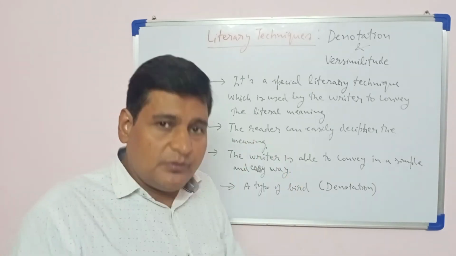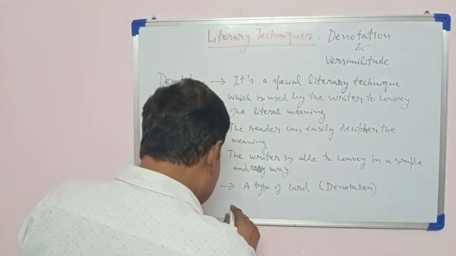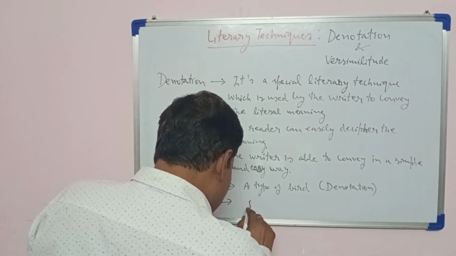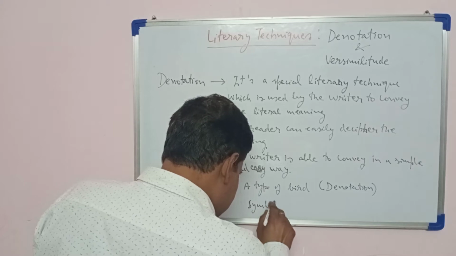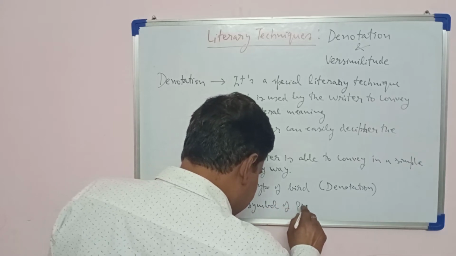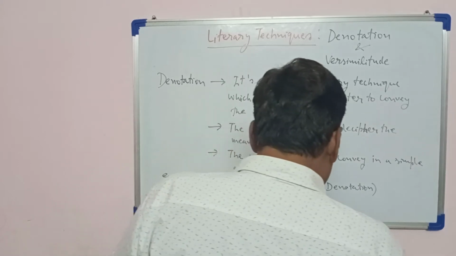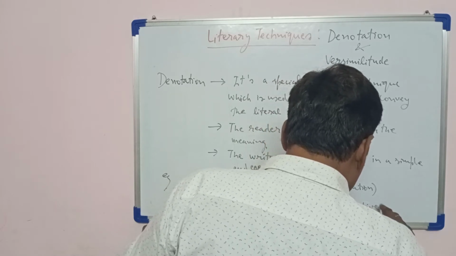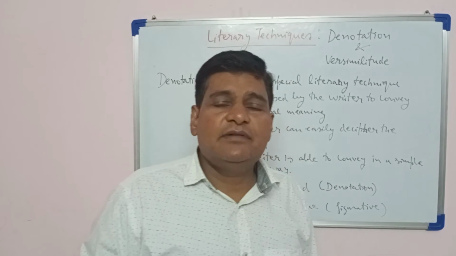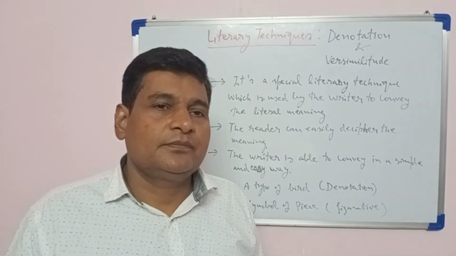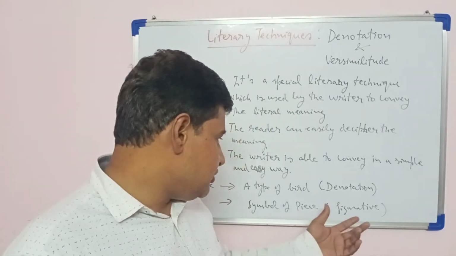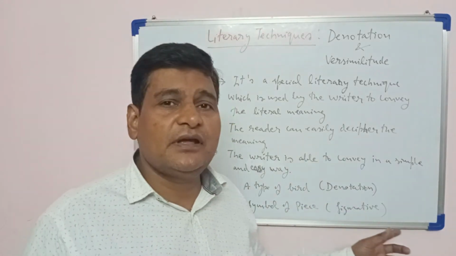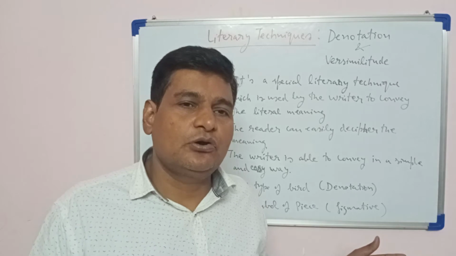And when figurative meaning is used, then it will become a symbol of peace. This is called figurative meaning, that we also say connotation. When figurative meaning is there instead of literal meaning, that would be termed as connotation.